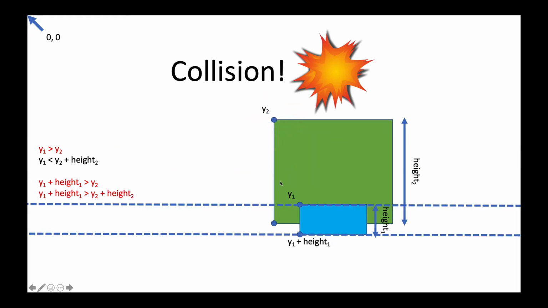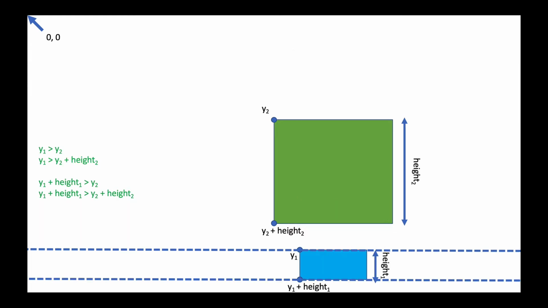And finally, you can see that now y1 plus its height is greater than y2 plus its height, y1 greater than y2, etc. Important to note that y1 is still less than y2 plus height 2. That has not changed. Finally, we move past the green rectangle here. Everything has changed. We are greater than all of the y2 coordinates, and that means that there is no collision.